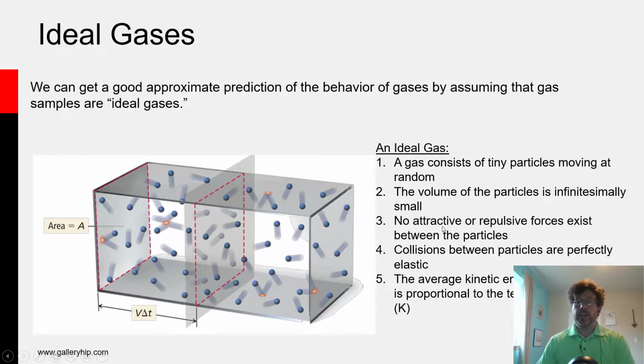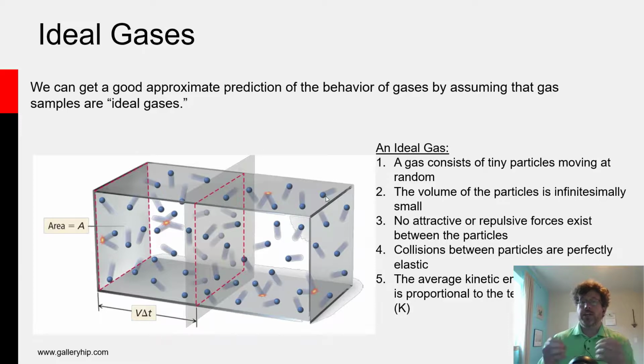Thirdly, we assume no attractive or repulsive forces exist between the particles, and so their collisions become perfectly elastic. And this is another important simplifying assumption. It's not really true. This is an assumption of the ideal gas law that definitely starts to fall down as you look at more situations of real gas behavior, because there definitely are intermolecular forces that can still act between gas particles when they collide.